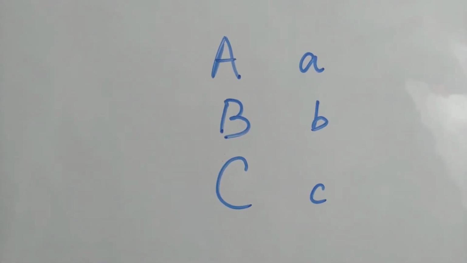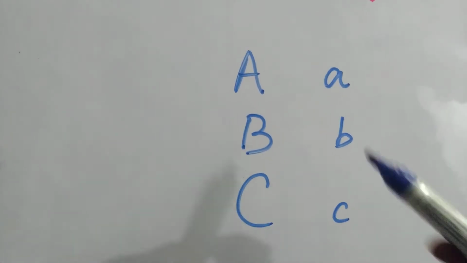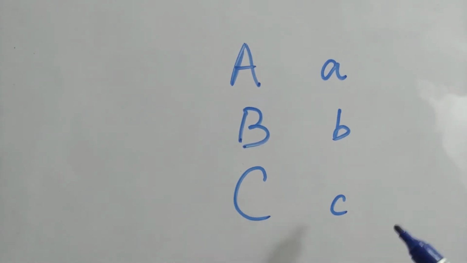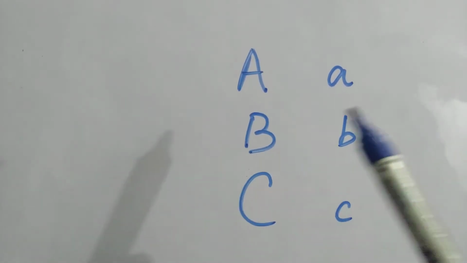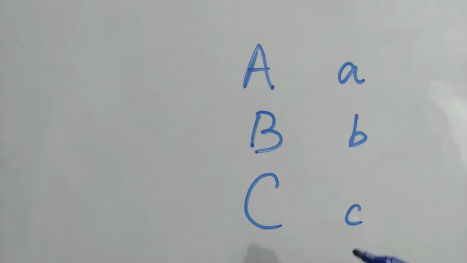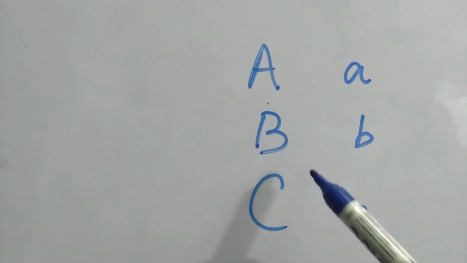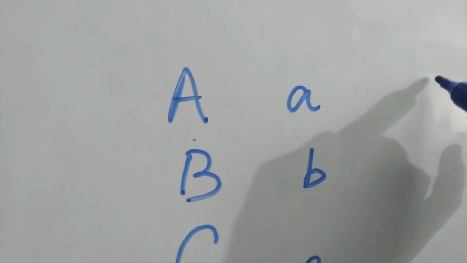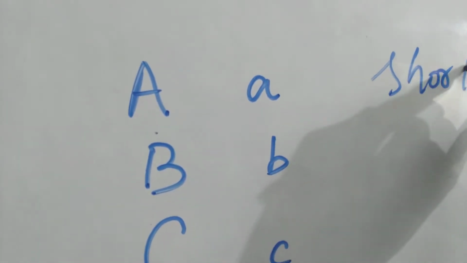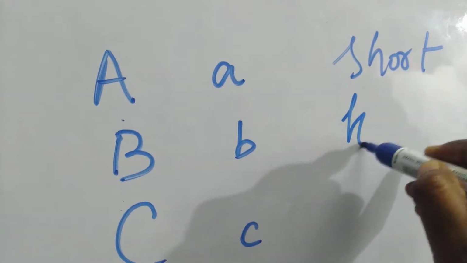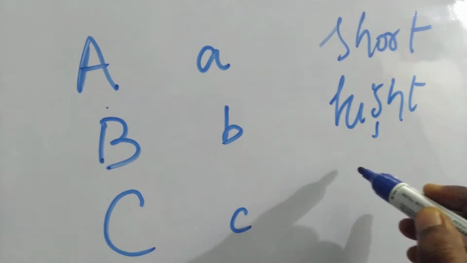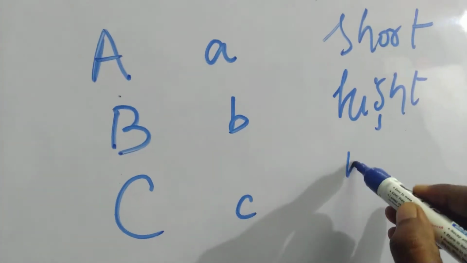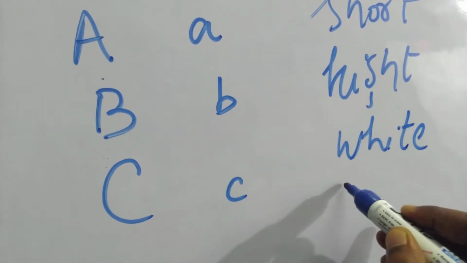In your questions, only dominant alleles or recessive alleles will be given, so be careful about that. It may be provided in the form of A, B, C, or in the form of character names like short or height, white or red.